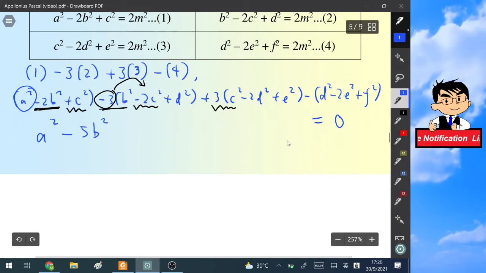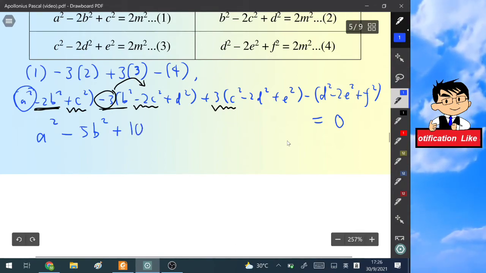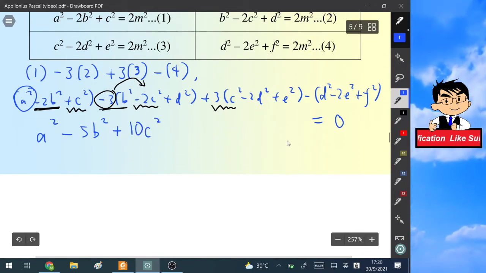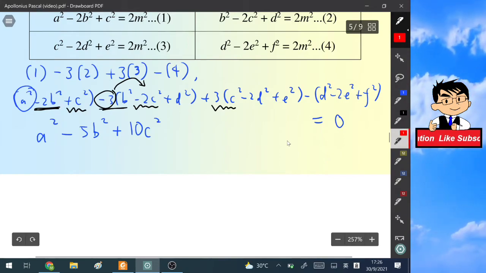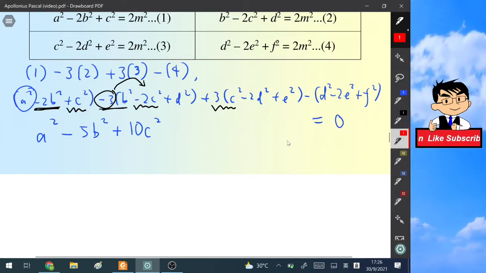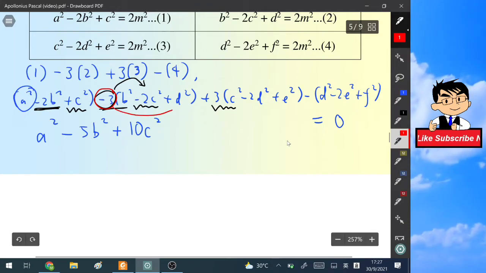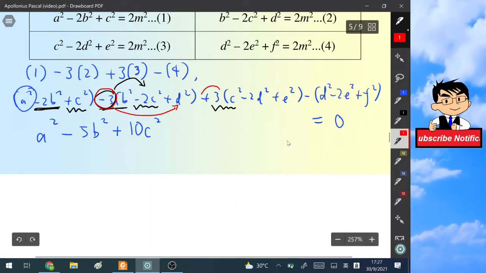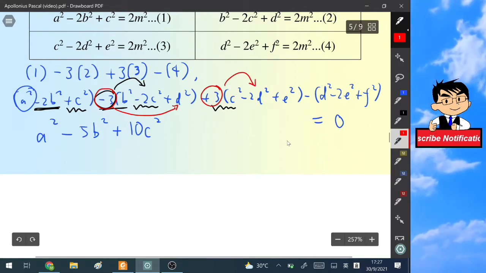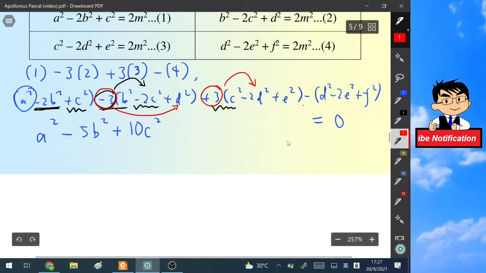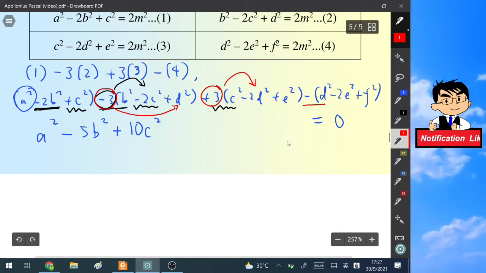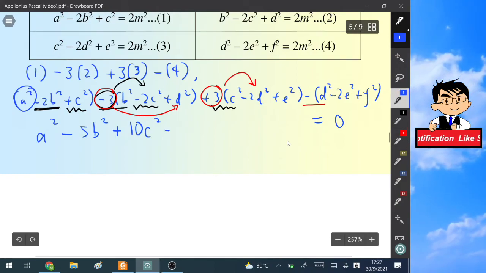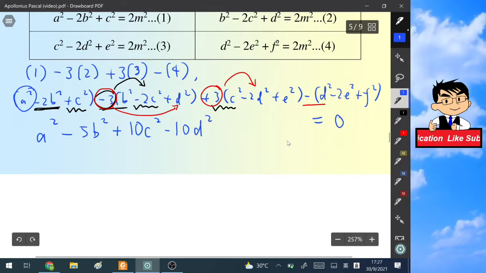So in total we have plus 10c squared. And then for the d terms, we have negative d squared, and then we have 3 times negative 2d squared, and then we have one more negative d squared. So in total we have negative 10d squared here.